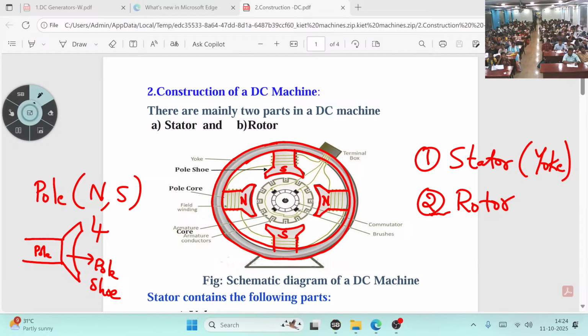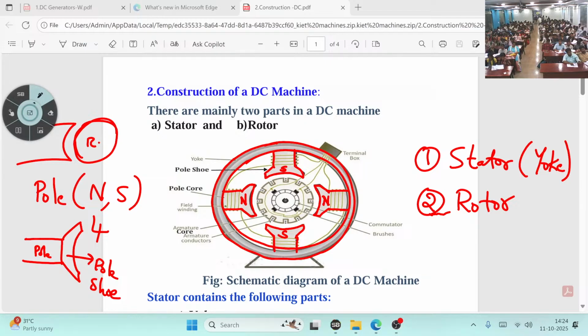This one is the rotor. Pole shoe is like this, rotor is like this. The rotor forms a circle. The pole shoe is also in the form of a circle, not a continuous circle, but a circle. Here it is the pole shoe, and it is the rotor.